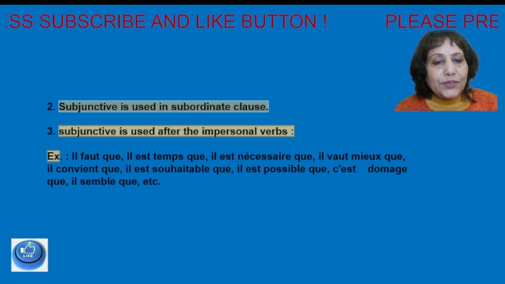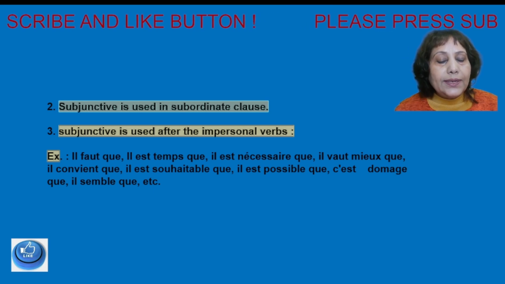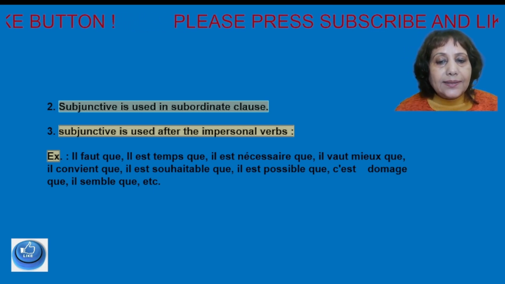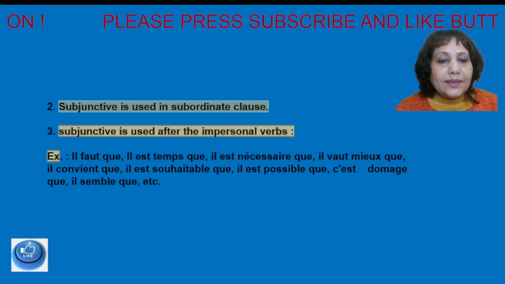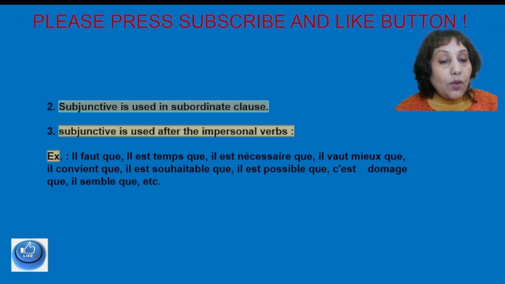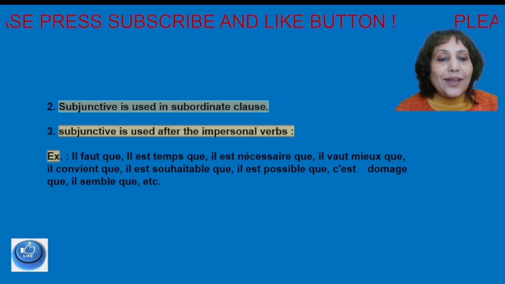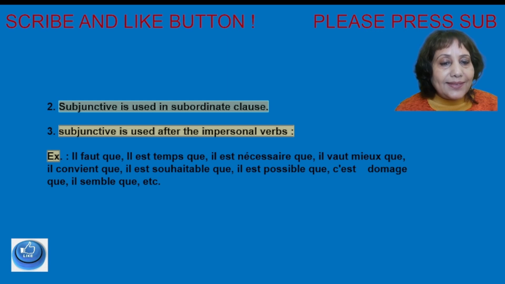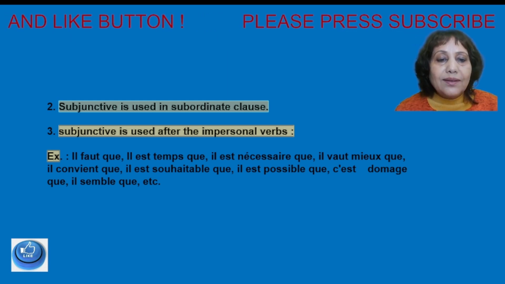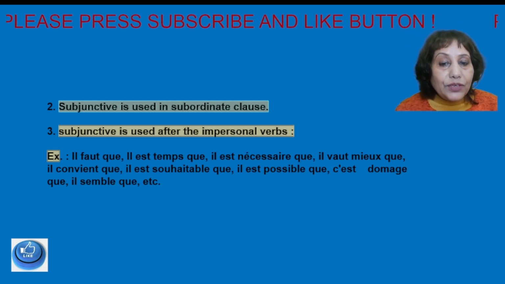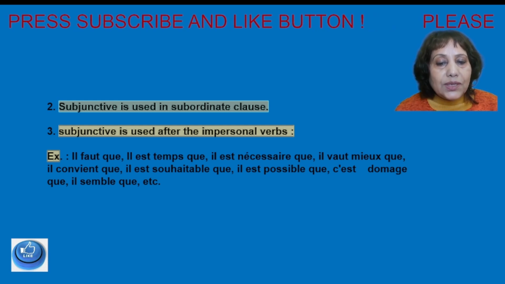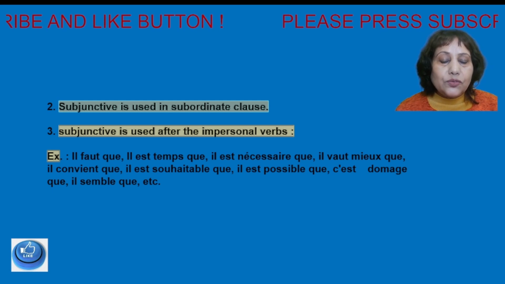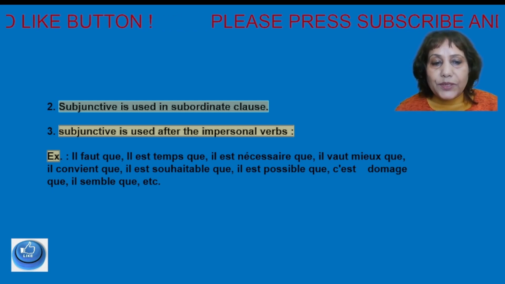So you can use il faut que or il est nécessaire que as well. Same meaning. It is necessary that. Il va mieux. Valoir verb, it's not vouloir, it is valoir. It would be better. You will say it is better that. Il convient que, it is convenient that. Il est souhaitable que, you can say souhaiter verb, just now I explained to you means to wish.